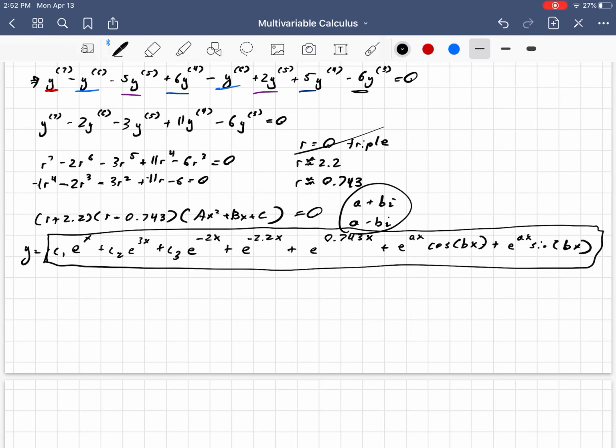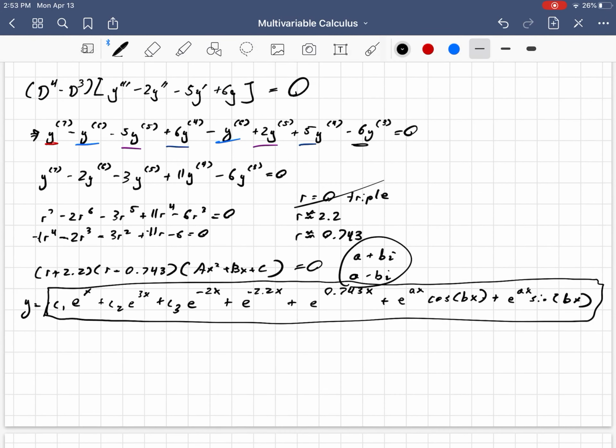Now, that looks really ugly, and it is, but the idea behind the method is pretty cool. You find an annihilator, some differential operator, when you apply it to both sides, the right-hand side of the equation becomes 0, and the left-hand side becomes a linear homogeneous differential equation with constant coefficients.